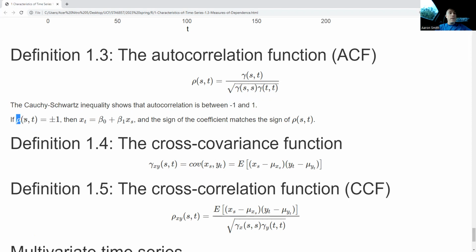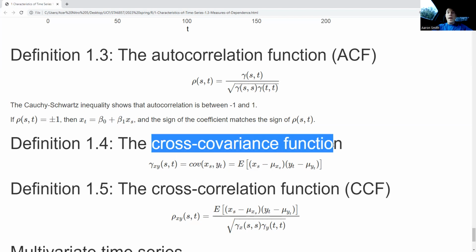Now, if the correlation is equal to plus or minus 1, then I can represent one of the 2 points in time as a linear function of the other. And the sign of the correlation equals the sign of this coefficient. Now the cross-covariance function: here what we're interested in is when I have 2 different time series and I'm interested in the covariance between 2 different times.